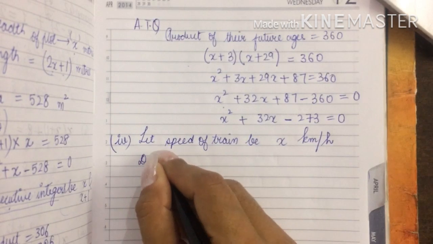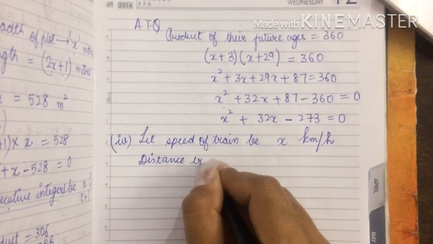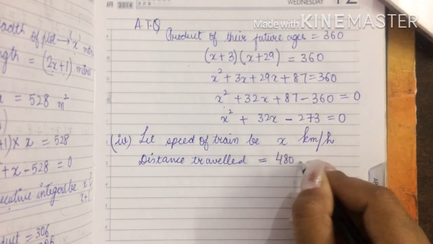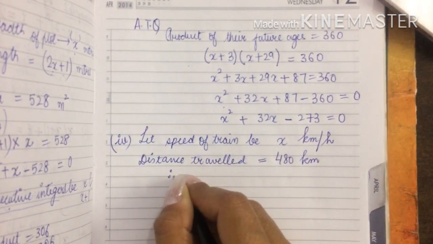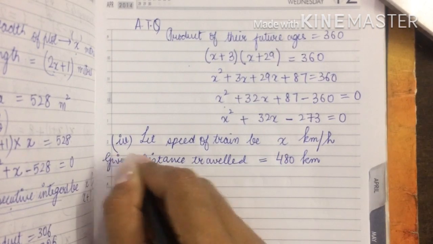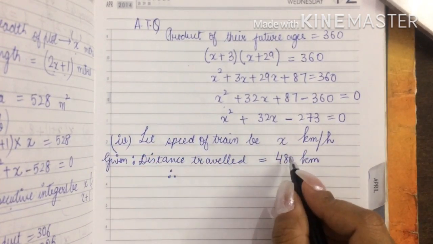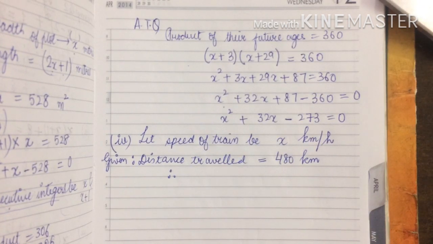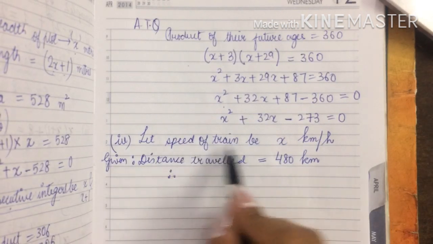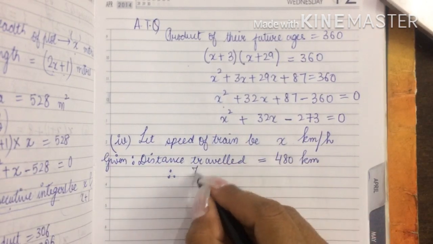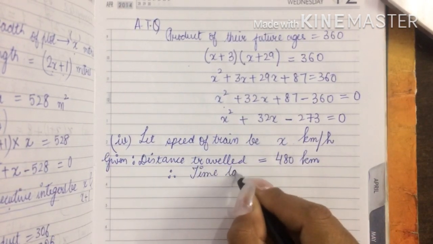We have been given that the distance traveled is 480 kilometers. In the question they are talking about change in speed and change in time, so we need both. We assumed the speed, and the distance is given. Using these two, we will find out the time taken.